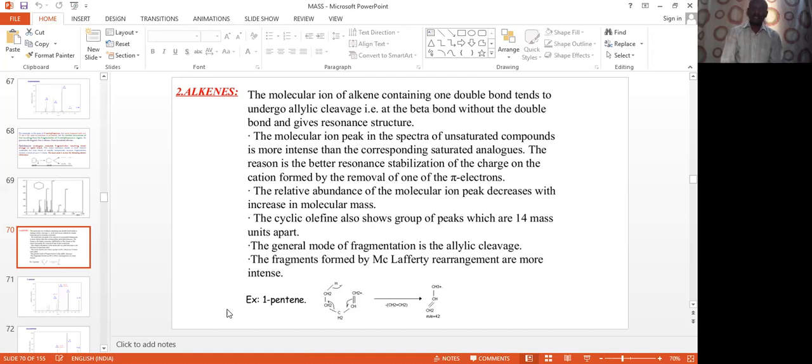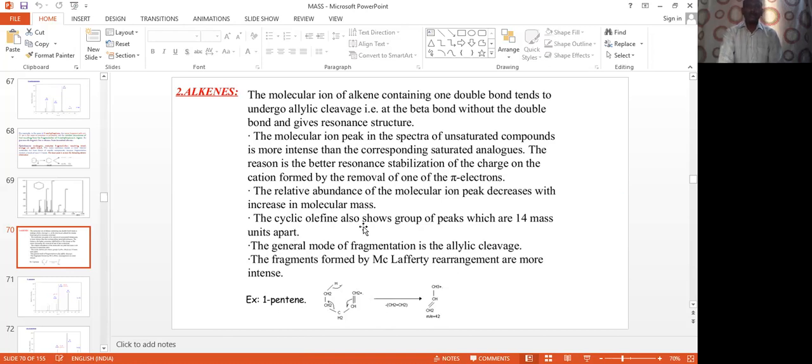Here, for example, I have given you 1-pentene, where you have the gamma hydrogen. The gamma hydrogen will be transferred here, and then you have the allylic cation as well as the McLafferty rearrangement, and there is a neutral molecule, an olefin: ethene is removed here.